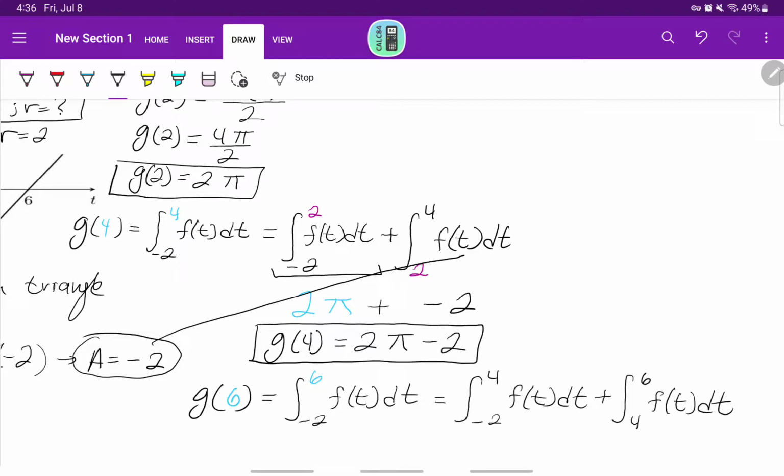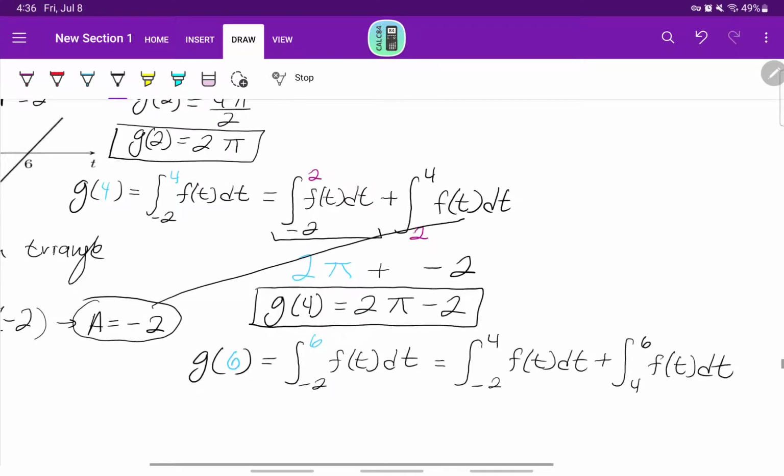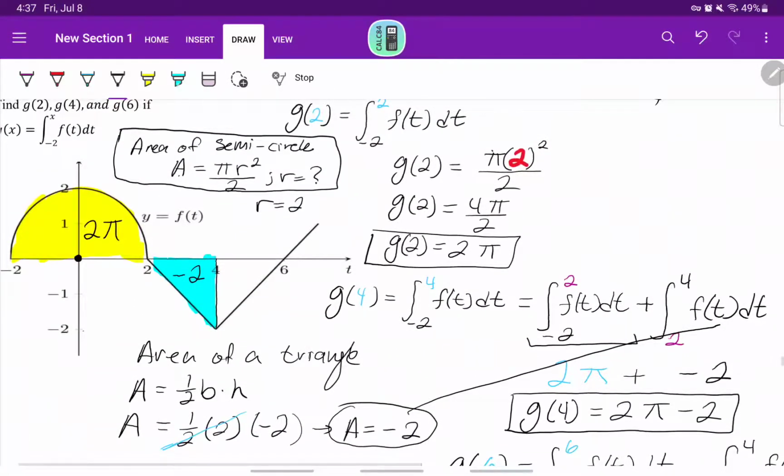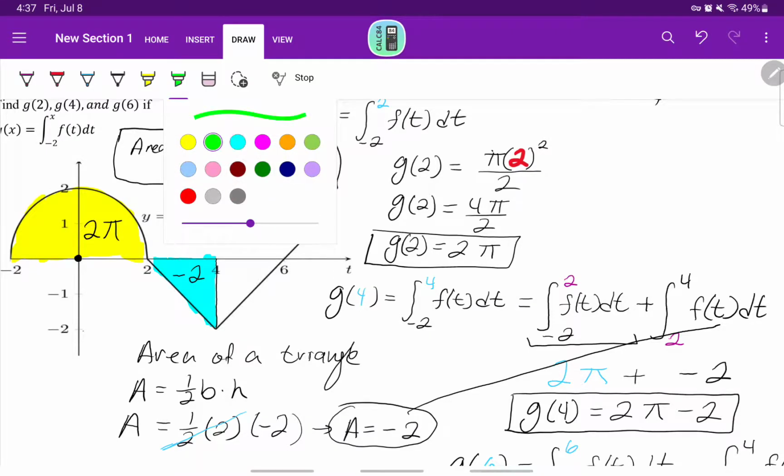And the reason why I'm choosing to do it like that is because we already know that this part is 2 pi minus 2. And we're going to have to now add it with the integral from 4 to 6 of f of t dt. So now let's shade in green.